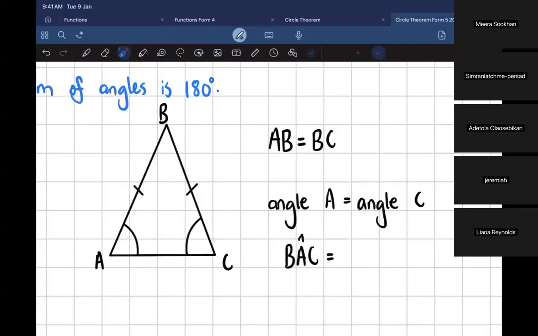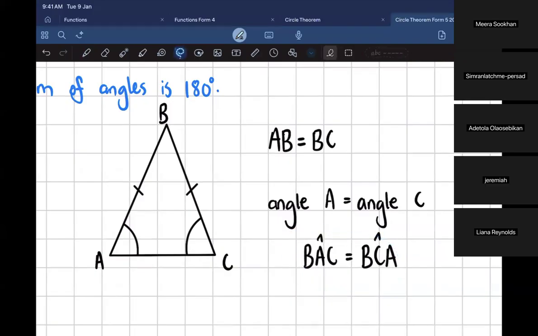So I would say angle A is BAC. Why? Because BAC is this angle over here. So how would I say angle C using this notation? See if you can figure that out. BCA? That would be correct, right? You have it there.